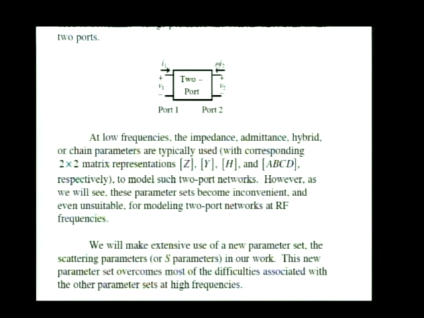Those are the Z parameters, the Y parameters, the H parameters, and the ABCD parameters. There are 4 of each of these parameter sets, and they're usually represented as 2 by 2 matrices. 2 rows, 2 columns, 4 elements in all.